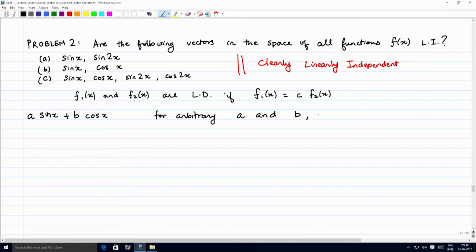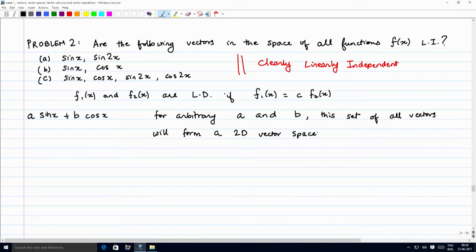If you let a and b be any arbitrary scalar, this set of all vectors will form a 2D vector space.